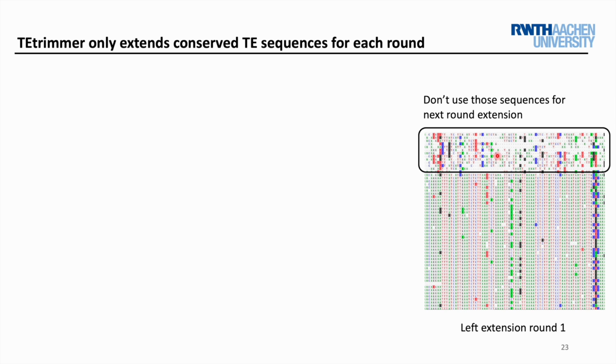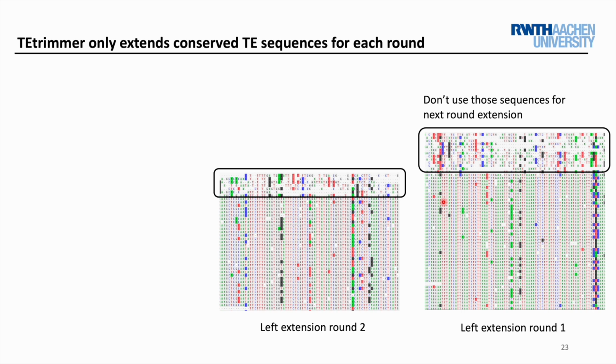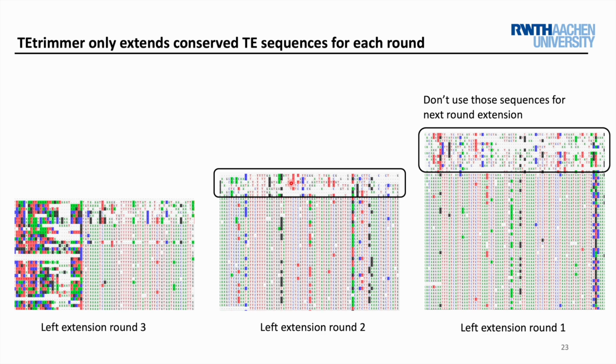So it's not necessary to do further extension for those sequences, but you only need to do extension for those sequences. So for the next round extension, you only do extension for those sequences and come to this result. You check it again, and for those sequences it is the same as before. You do not need to extend them again for the third round extension. Until here, you find the boundary.